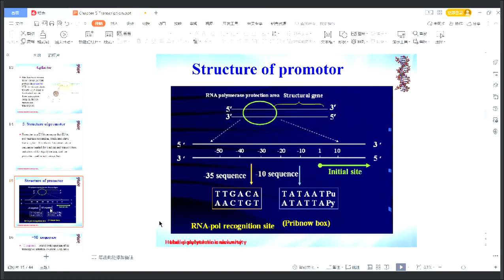You can see this conservative sequence has the function that later the sigma factor and the RNA polymerase recognize, bind, and initiate the transcription.